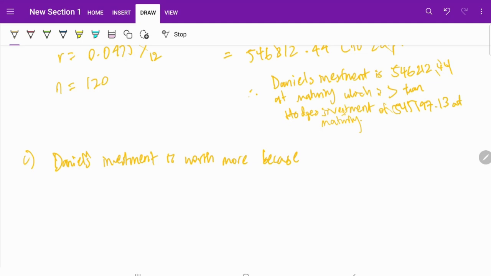So there's more periods in Daniel's investment. So we can say because of more compounding periods, which means more interest and more frequently.